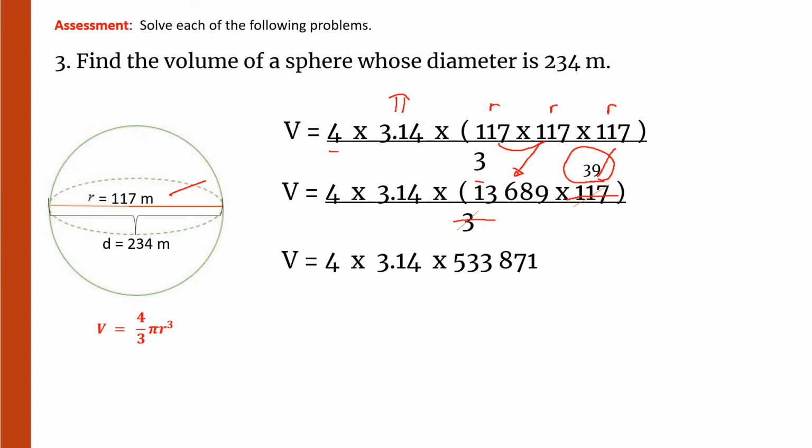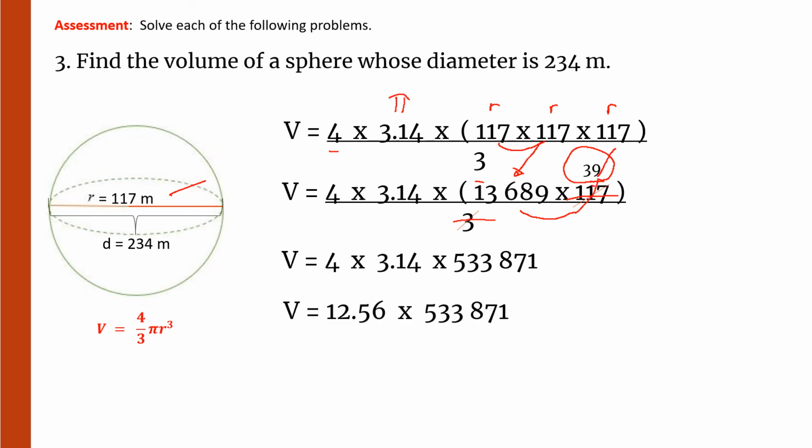So now, to continue, we have 4 times 3.14 times 533,871. That is the product of 13,689 and 39. Okay?